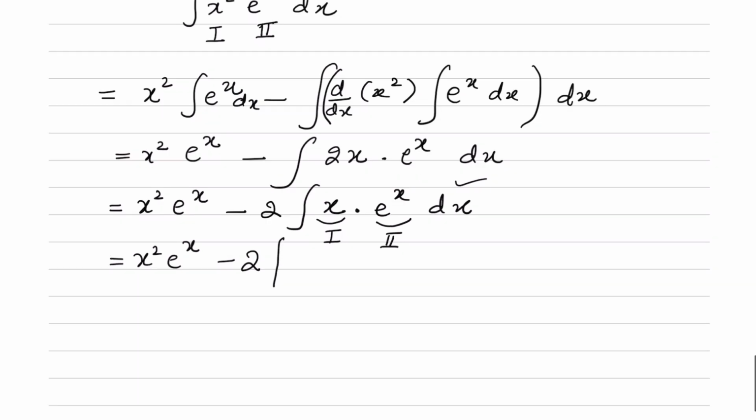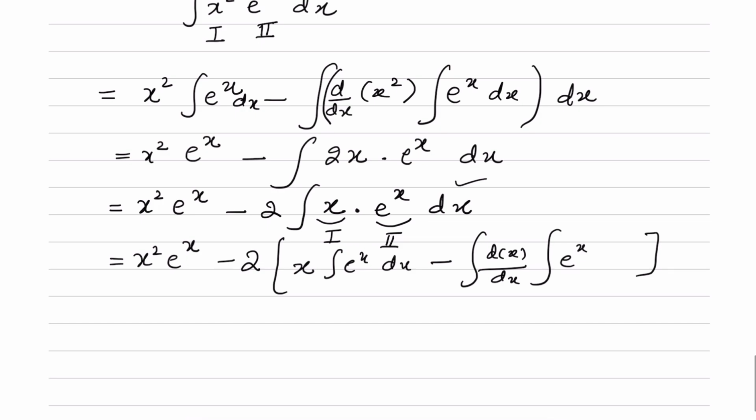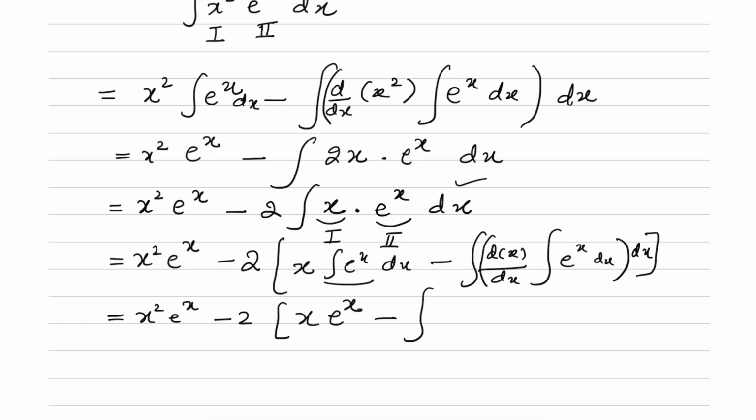And now let's apply integration by parts again. First function as it is, integral of second, minus derivative of first function, integral of second, and integrate it once again. X square e power x as it is, minus 2 times x, integral of e power x is e power x, minus derivative of x which is 1, into integral of e power x which is e power x, and integrate it once again.